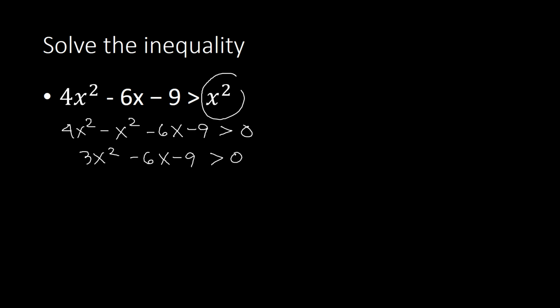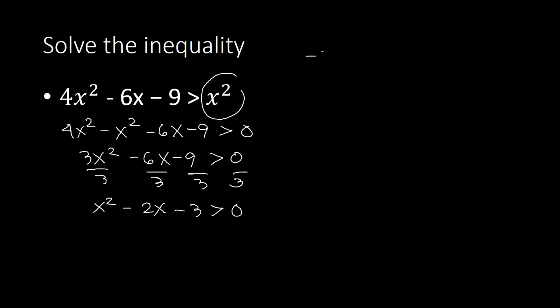We extract the common out. So we have here dividing each of this one with 3. So that makes it x squared minus 2x minus 3. That will be greater than 0. So next, we are now going to factor it out.